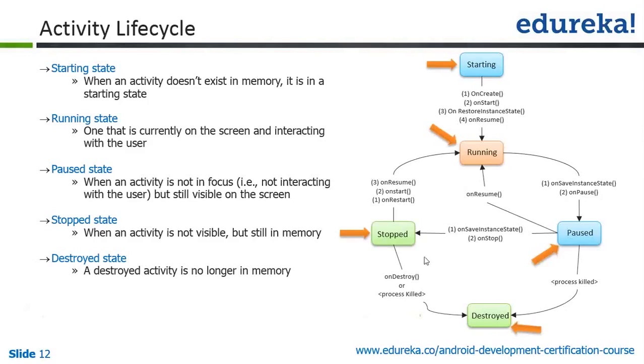Now let's take a look at an example wherein I am launching an activity. I'm launching my application. I press the hardware back button. When I press the hardware back button, what happens? The activity goes off.